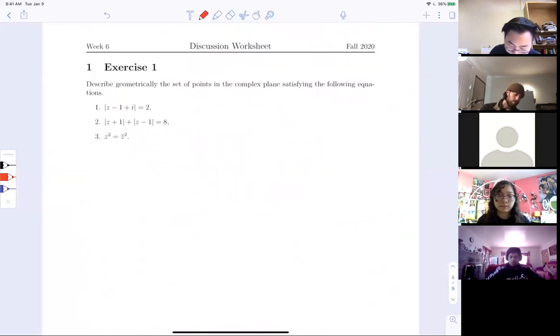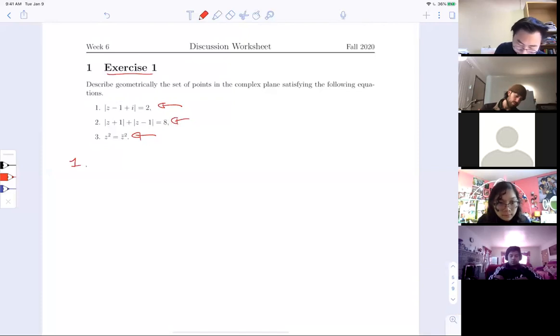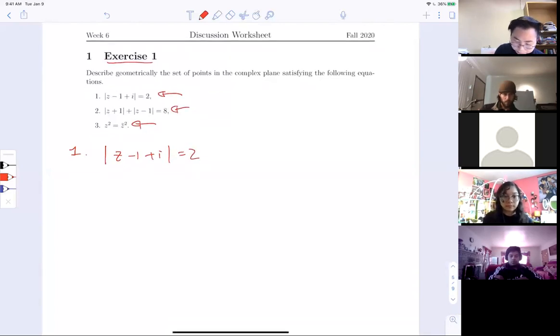So you may take a look at the problems. For exercise one, for each one you need to figure out the geometric meaning. Let's look at it one by one. For the first one, z minus 1 plus i equals 2, you can write z minus (1 minus i) equals 2.